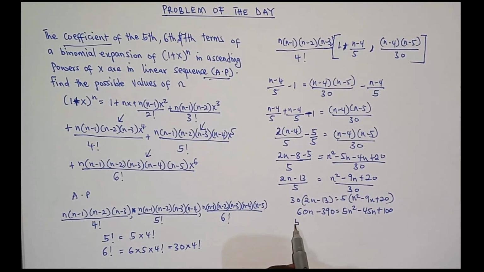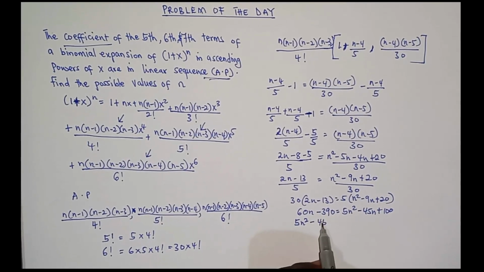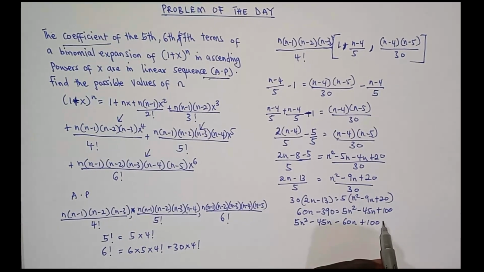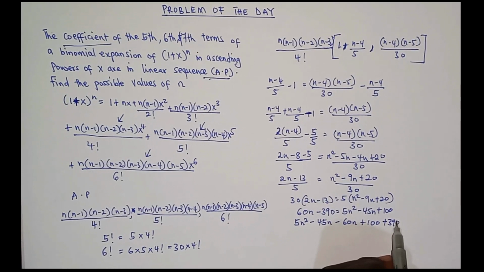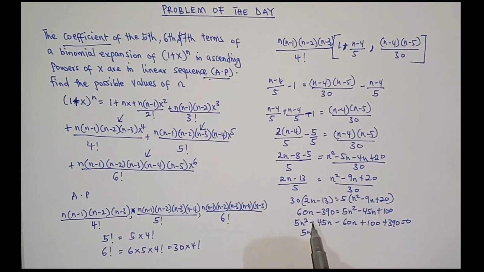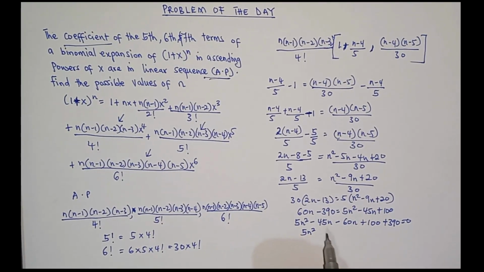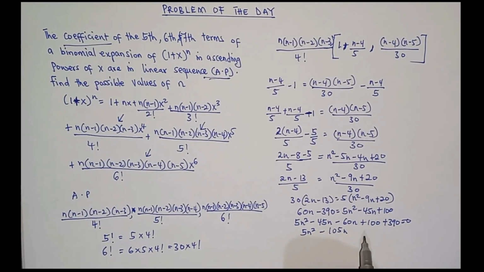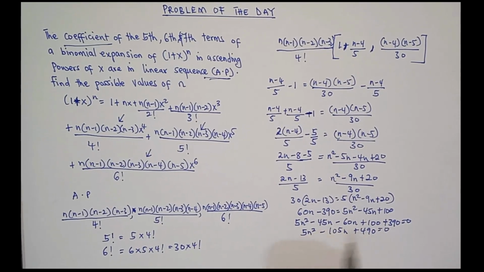We get 5n² − 45n − 60n + 100 + 390 = 0. So we have 5n² − 105n + 490 = 0.